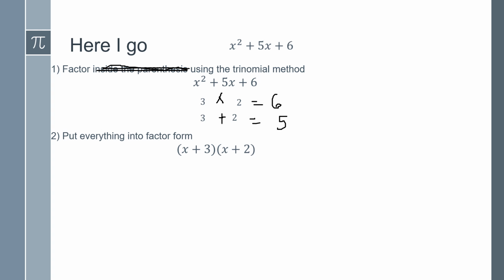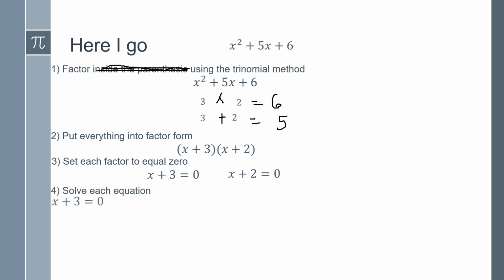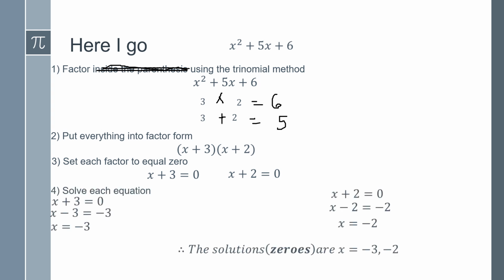So when you factor, you get x plus 3, x plus 2. Then you're going to do like we did in the previous, set them both to 0, and solve for x for each one. And your solutions, or zeros, are -3 and -2.